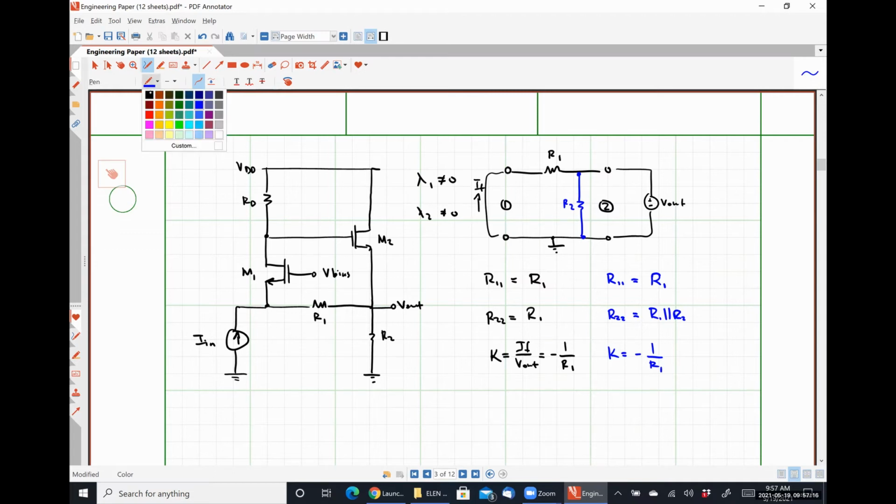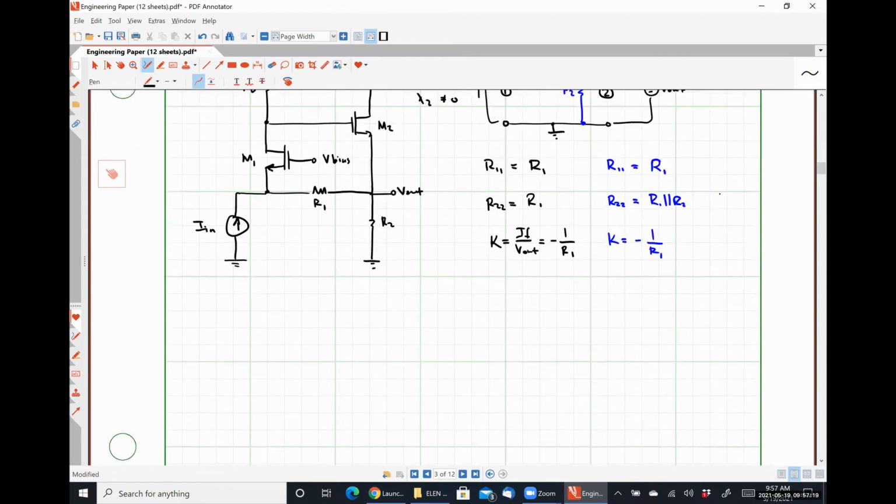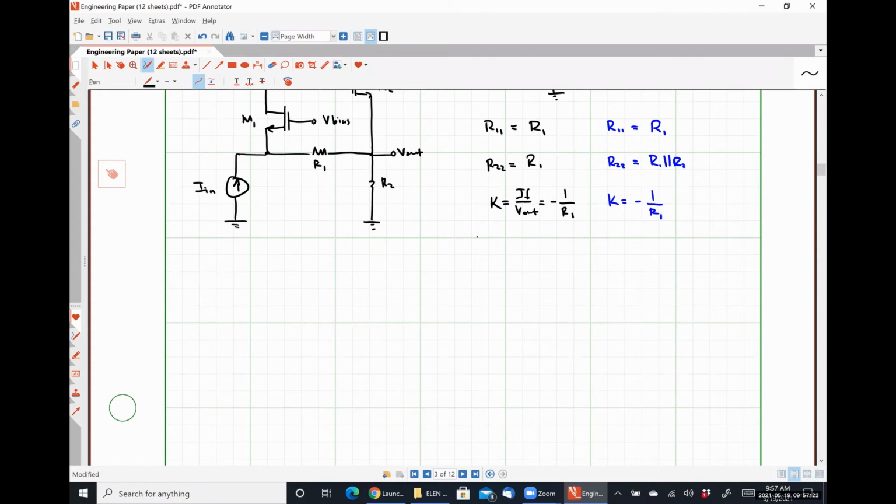All right, so our open loop circuit for this guy, and I'm going to use this representation where R22 is included in our feedback network. So our open loop circuit is going to look something like this. Here we have RD. Here's our bias voltage.